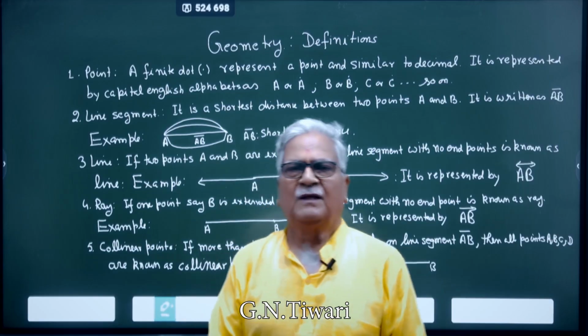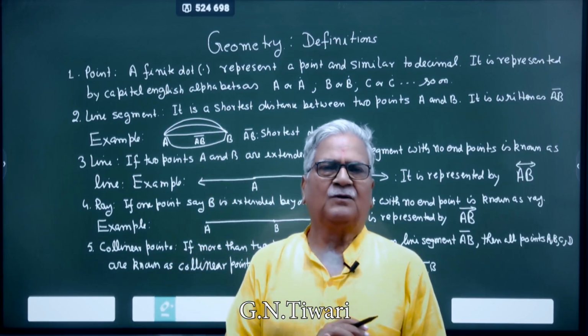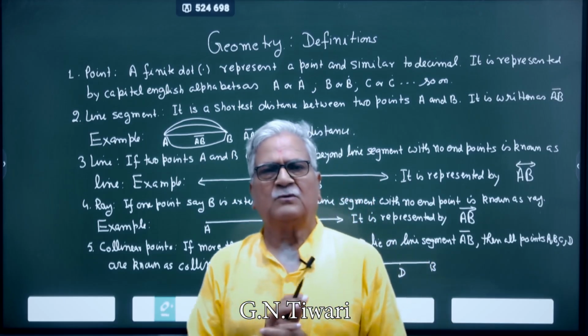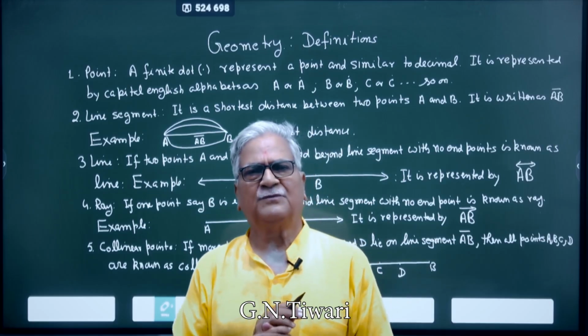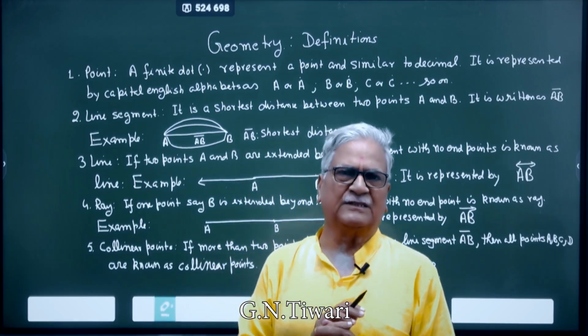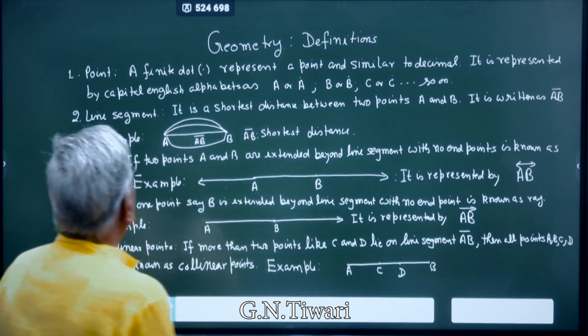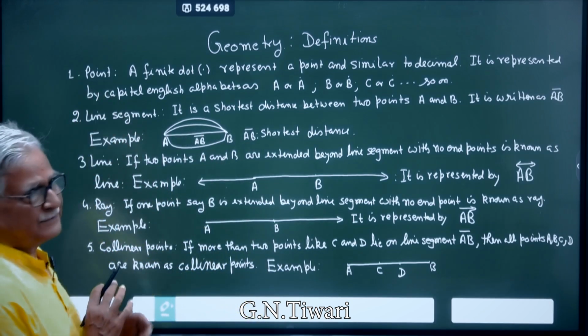Today, I am going to discuss geometry for class 5 students. Now, in geometry, there are certain points which should be very clearly understood by the students. I'll just define a point.